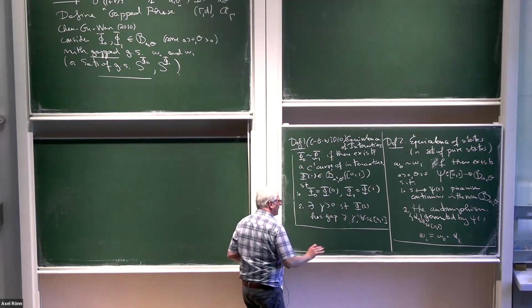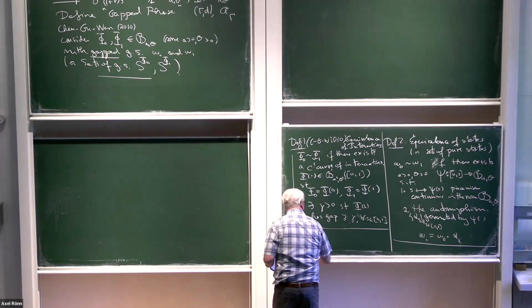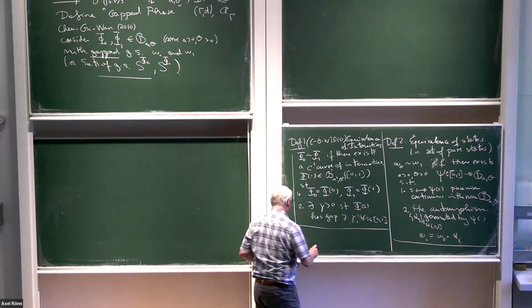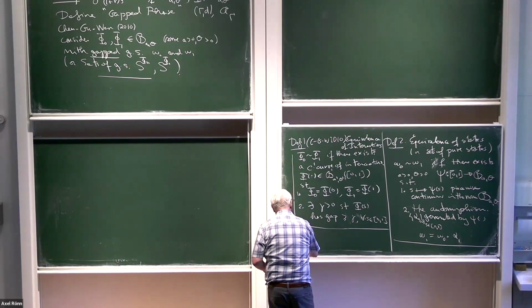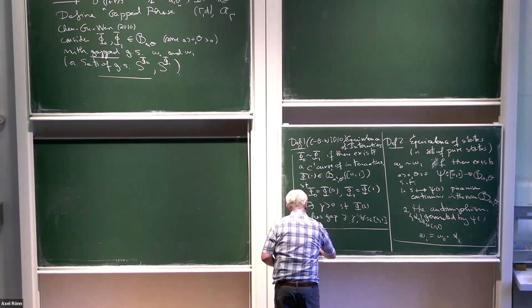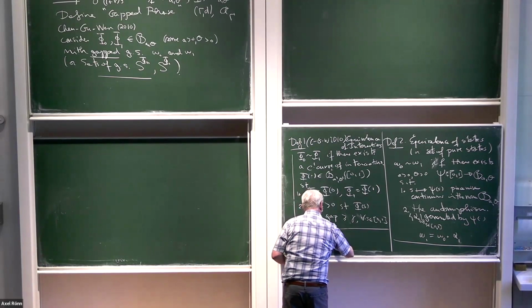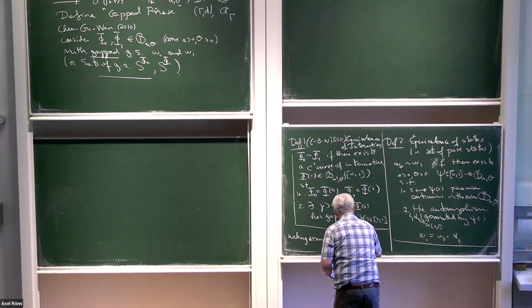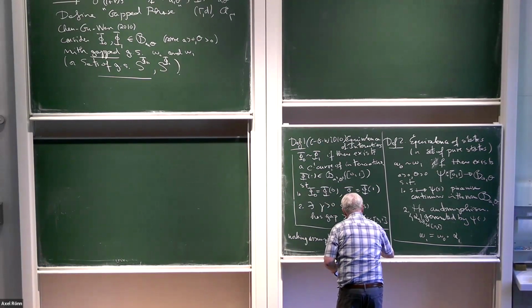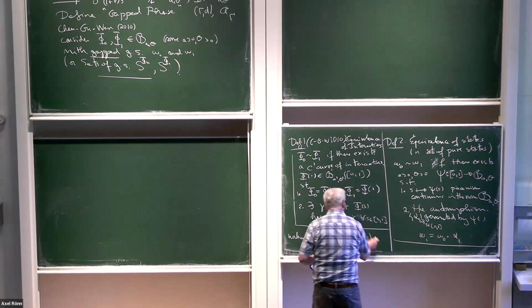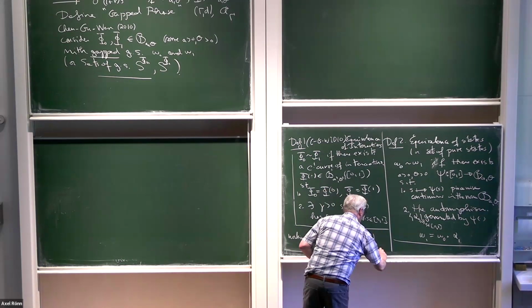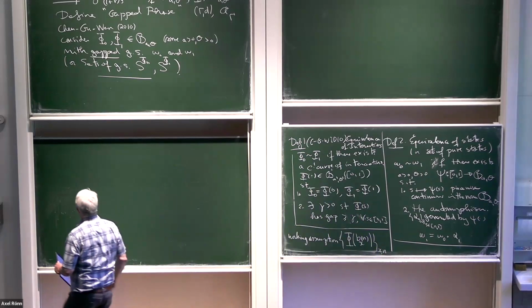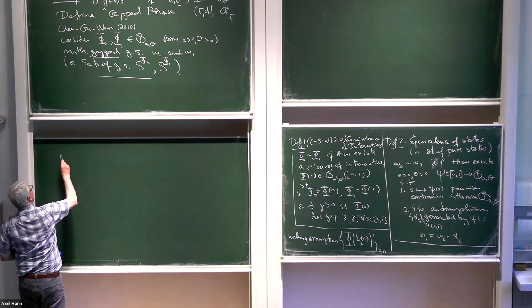For simplicity of the presentation, I'm going to assume that my interactions now are supported on balls, so that I have few parameters to take care of. It's a working assumption, not a restriction. The only non-zero terms are labeled by centers and radii of balls.